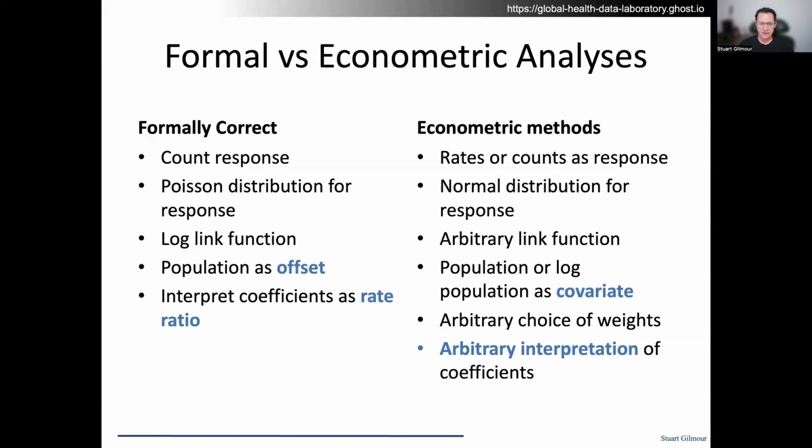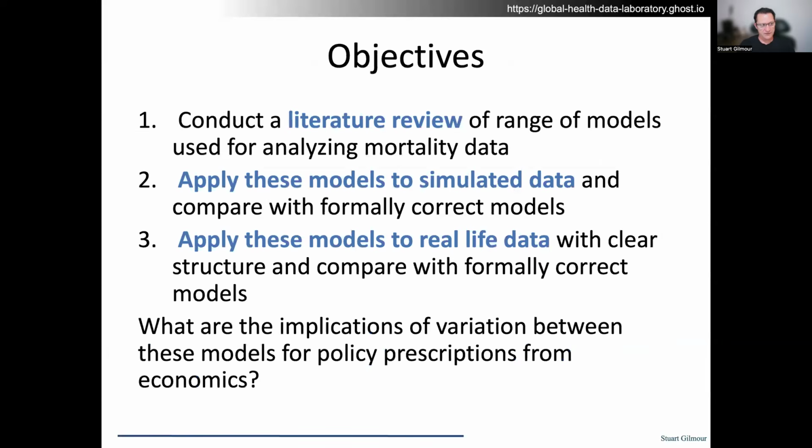So let's see what we get with our application of these models to some simulated data. And that is my objective. So first of all, I conducted a literature review of a range of models that are used for analyzing mortality data. Then I wanted to apply these models to simulated data. So I wanted to generate some simulated data where we know the truth, and I wanted to apply the models from econometrics to that simulated data and compare them with formally correct models.